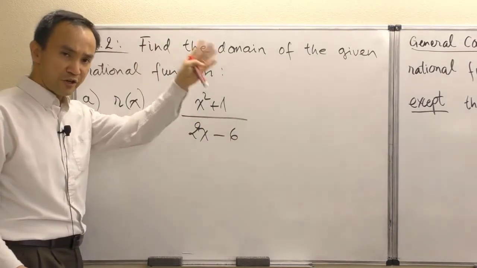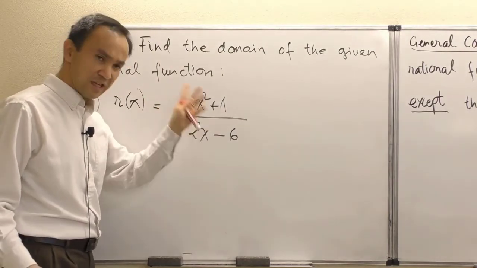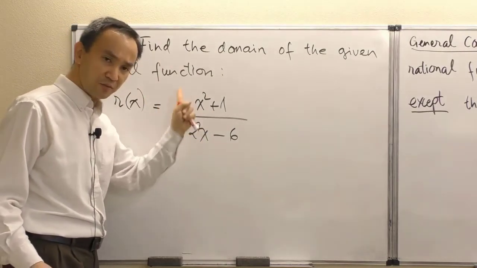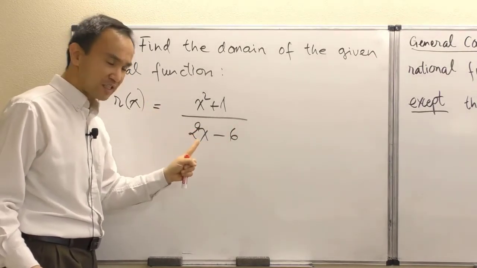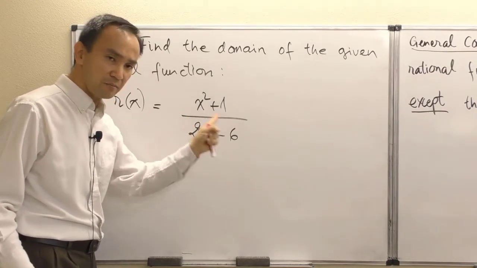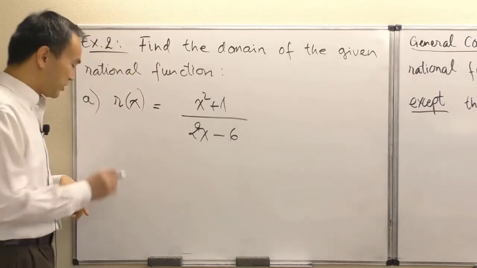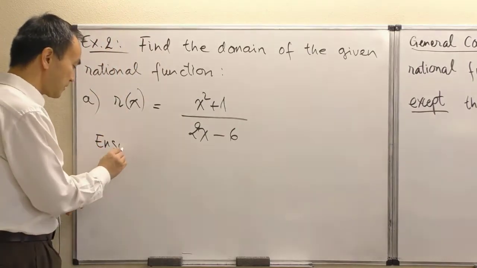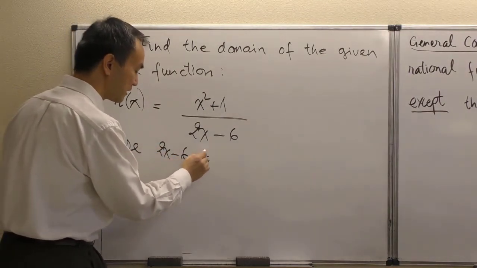Now, realizing that our denominator is other than just a constant, we can use the general conclusion again to find the domain. The domain of this rational function is any x value anywhere except the zero of this denominator polynomial. Another way of saying it: we want to ensure 2x minus 6 is other than 0.